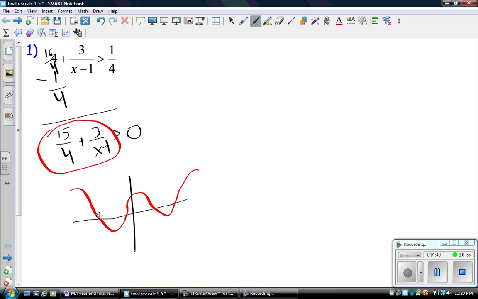Anything that's above the x-axis, positive y values. Negative y values mean it's not correct. So we're only concerned about when it's above the x-axis.